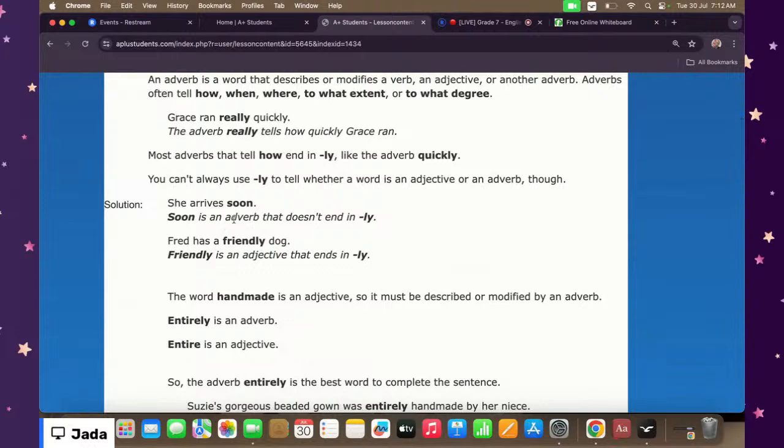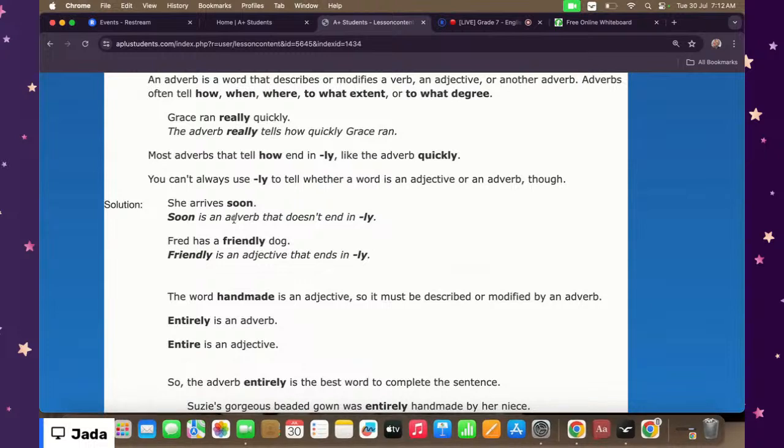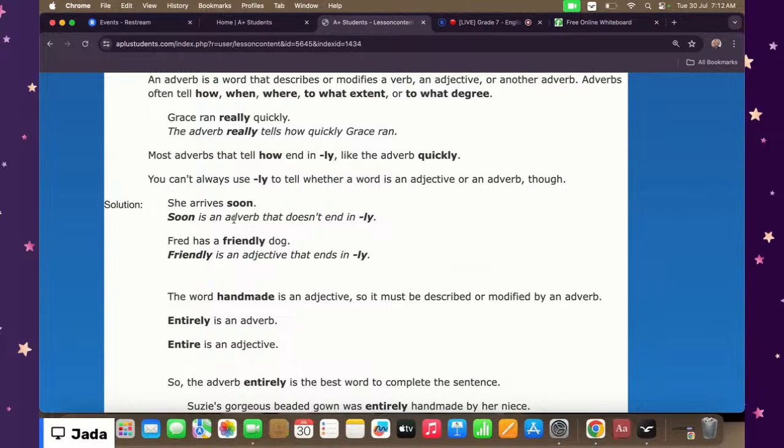She arrived soon. Also, we have some adverbs like soon. We have never. Some of these adverbs do not have ly. So you have to be the one to identify them. You have always, you have soon, never. Most of these adverbs also do not have ly, so you have to be the one to tell in the sentence.